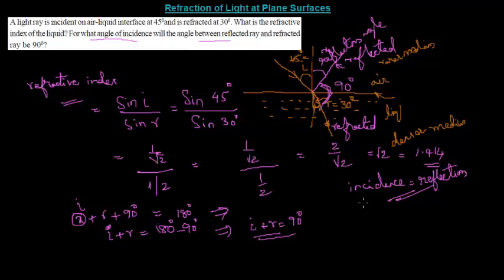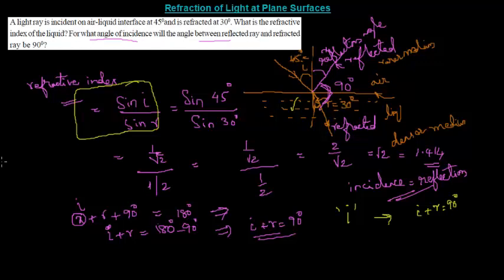We have to find the value of I, for which we will get I plus R is equal to 90 degrees. How will we find this? For this, we have to use this formula. We know the refractive index of this liquid.